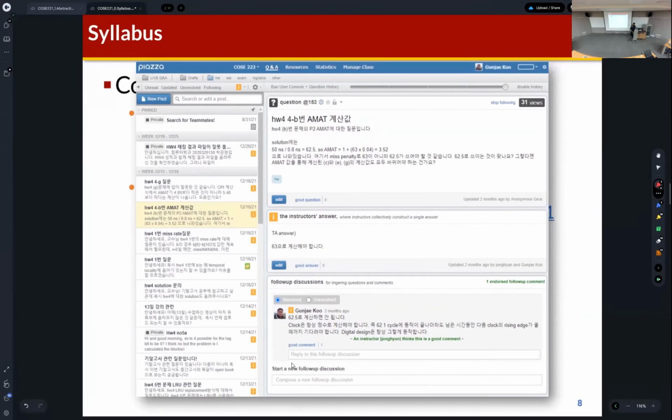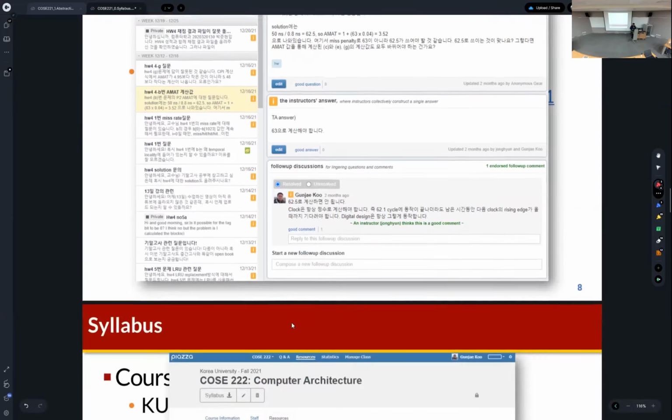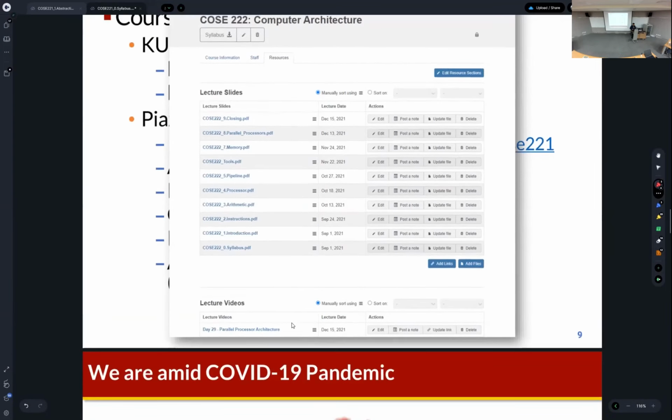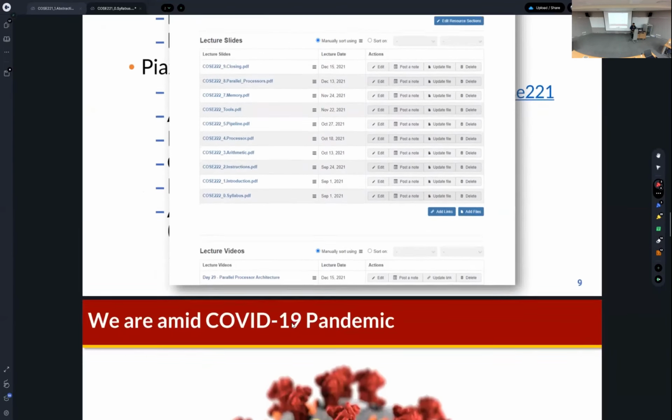I used Piazza in previous courses, and this is the Piazza of the computer architecture course. As you can see, students post questions, and TAs post answers, and I also posted answers for the questions. You can also use the resources tab.